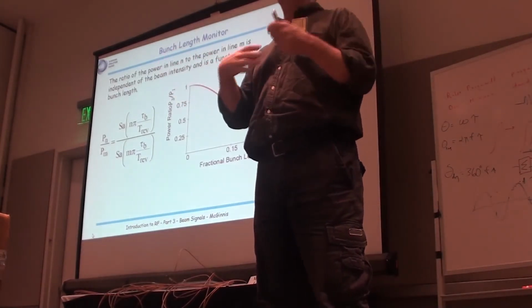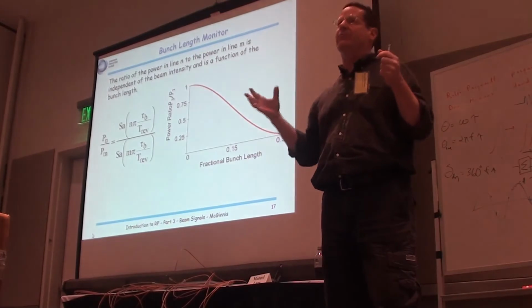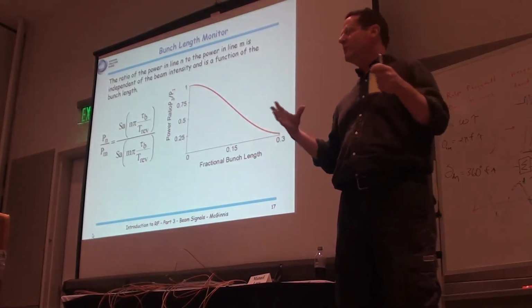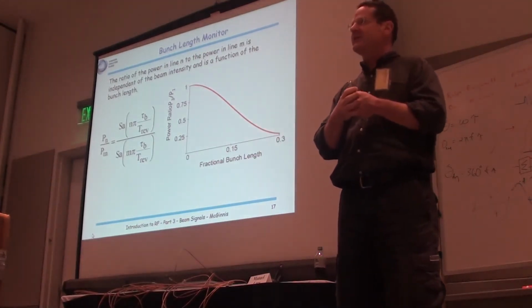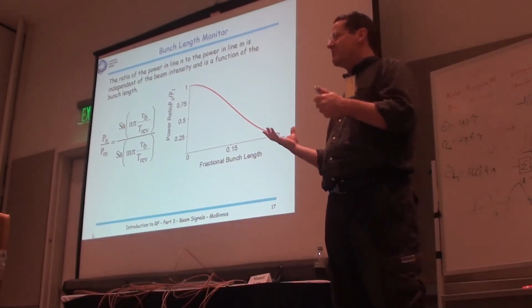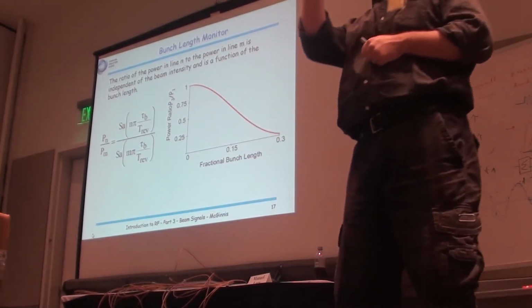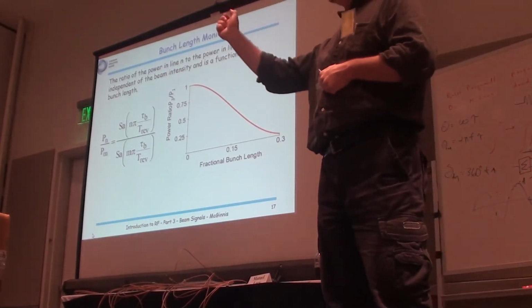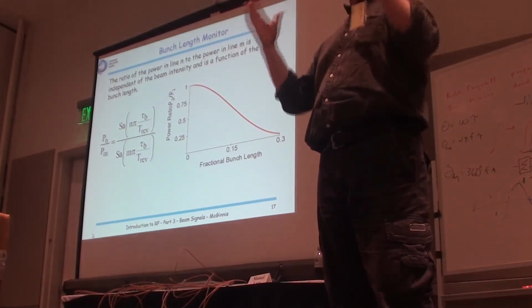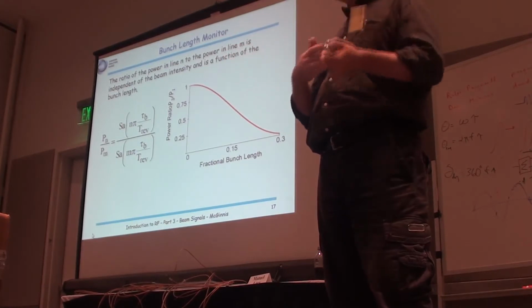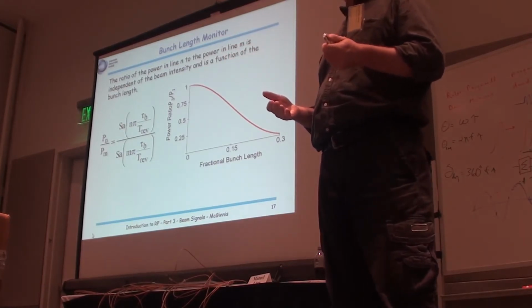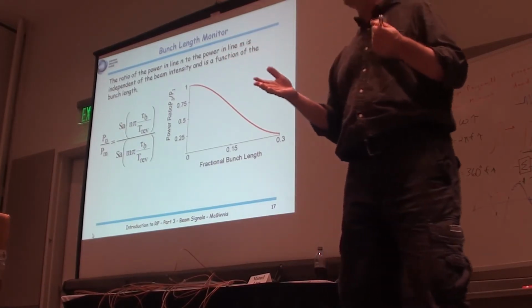You're going to see in this lab that making broadband devices is really hard. Making narrowband devices is very easy, just as we saw with matching. So what you can end up doing is building yourself a detector that looks at one harmonic and a detector looking at another harmonic. You can calibrate those two, and then you can build yourself a bunch length detector in which you can actually go off and see the bunches.